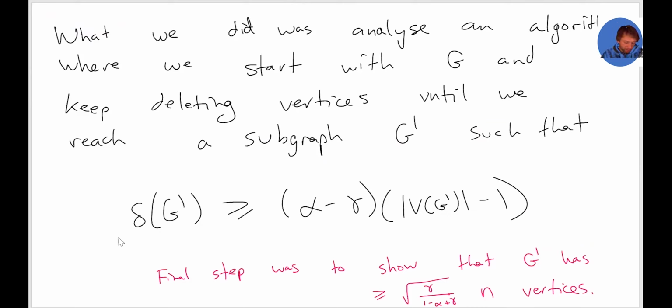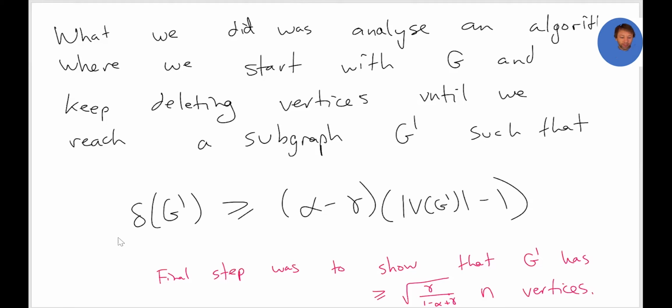One thing you might remember from last time is that to prove this, we were basically analyzing a very simple algorithm, which is kind of like the only algorithm that could possibly ever work for this. You start with a graph and you want to get a subgraph with large minimum degree. Well, how am I going to do that?